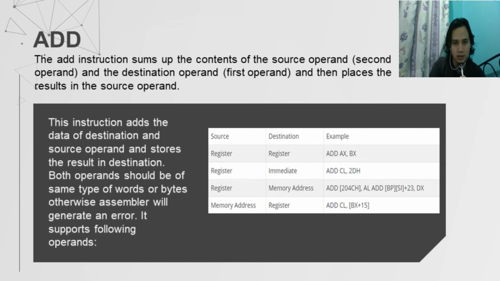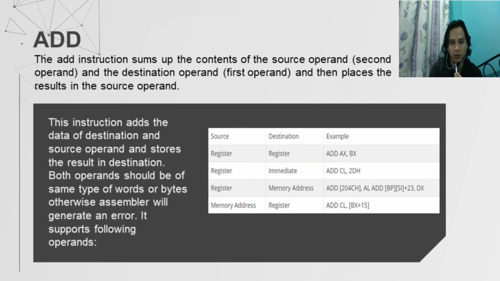The ADD instruction sums up the contents of the source operand, which is the second operand, and the destination operand, the first operand, and then places the result in the destination operand. Both operands should be of the same type, words or bytes, otherwise the assembler will generate an error.